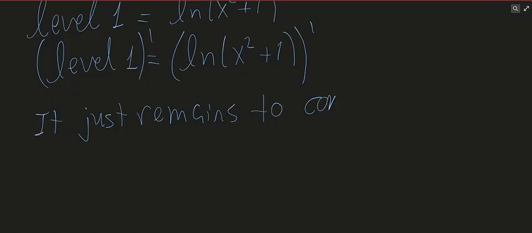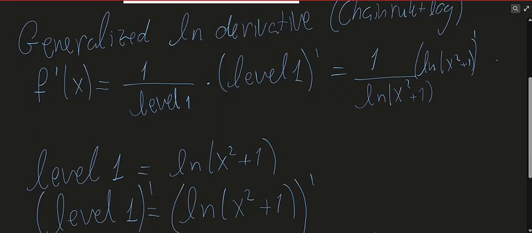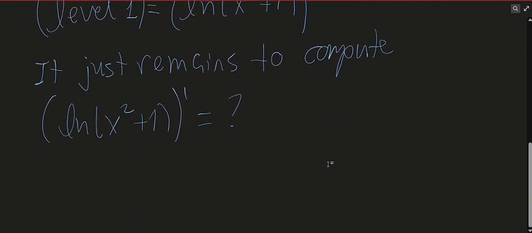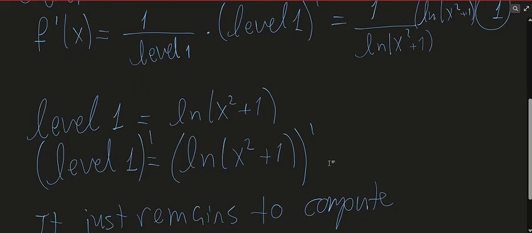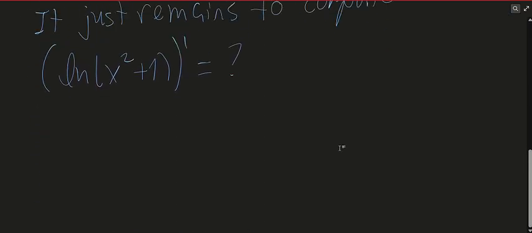Let's call this equation number 1. Then I will just need to find level 2, which is what I'm doing right now, and plug it back into equation 1 to get our final answer for f prime of x, which is this little guy. Okay, so how do we do this?